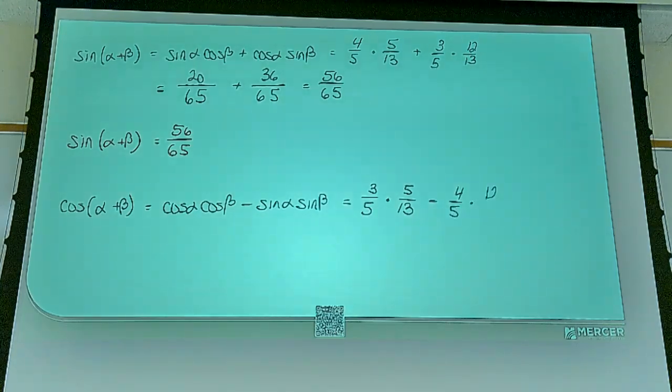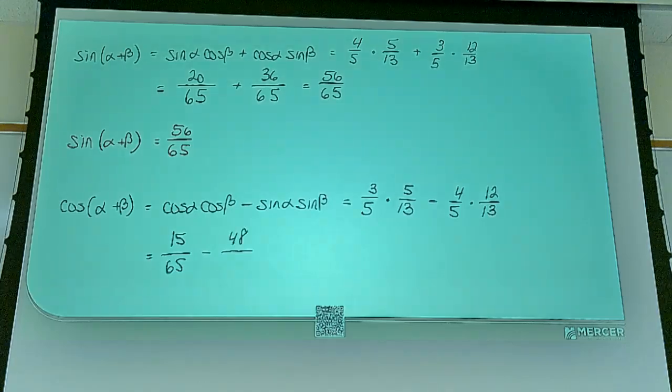4/5 times 12/13. 3 times 5, 15. Oh, look, it's the same denominator as before. 4 times 12, 48.